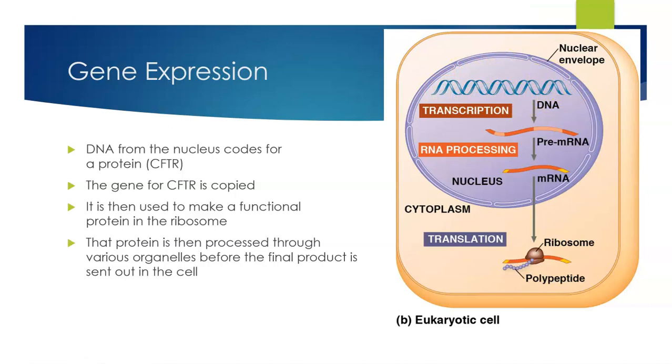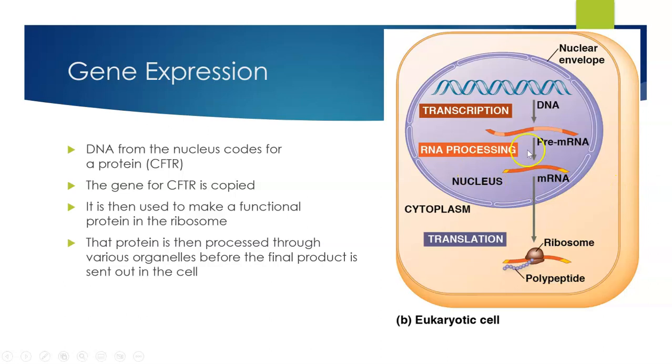Individuals who do not have cystic fibrosis have the unmutated copy of this DNA, and that DNA is going to be used to make that normal chloride ion channel. Individuals with a change to the DNA produce that dysfunctional chloride ion protein that does not function as a channel.